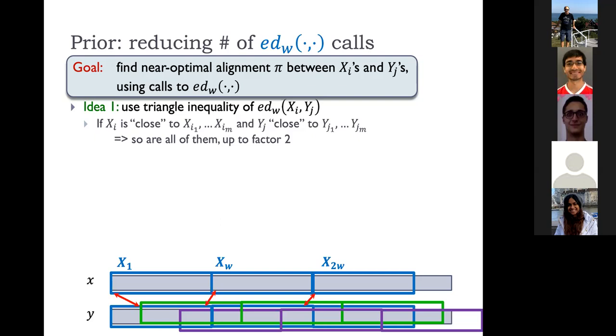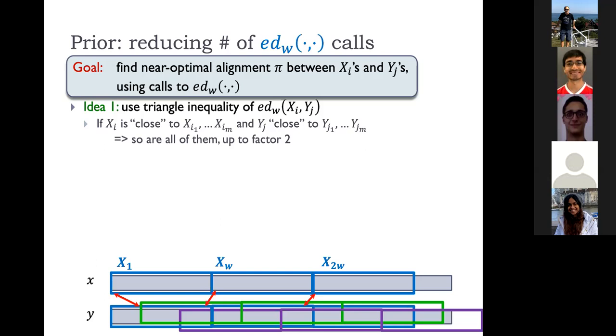Just to give a super simple example: let's say x1 is close to all the other substrings, and we have y1 which is close to all the other substrings in y, and x1 happens to be close to y1. Then we can deduce the same about all the other substrings. So this roughly corresponds to a quadratic improvement.